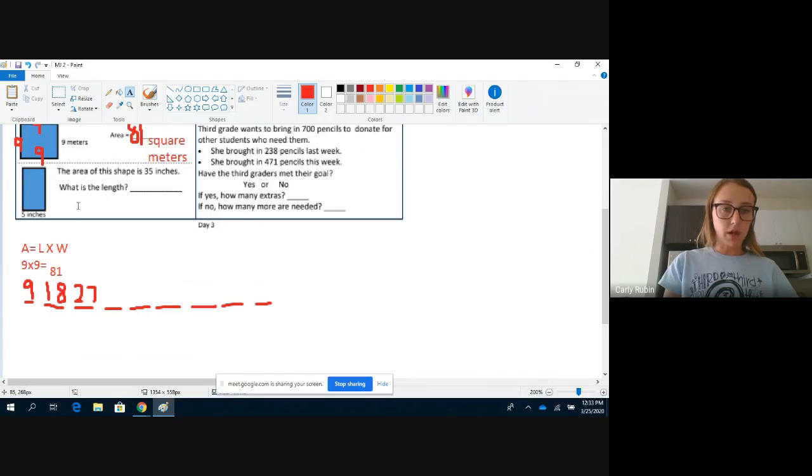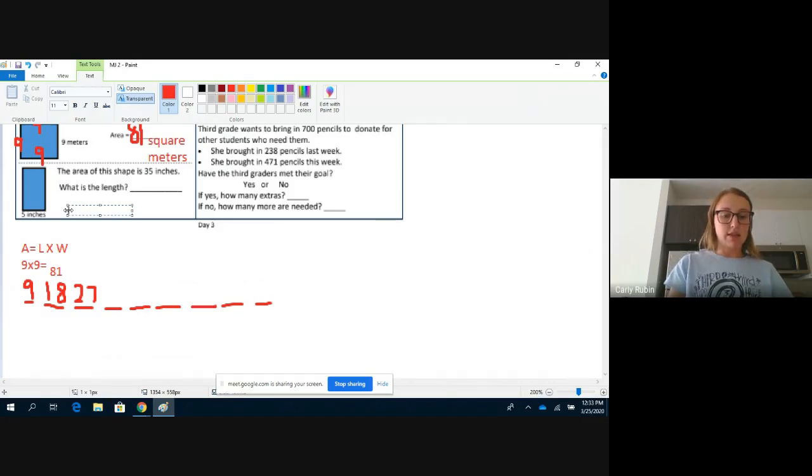Well, in this problem, I am given the area, which is 35. And I can substitute that into my area equation. So area equals 35 equals, and I know it's the length times width, but I'm given the width is 5.